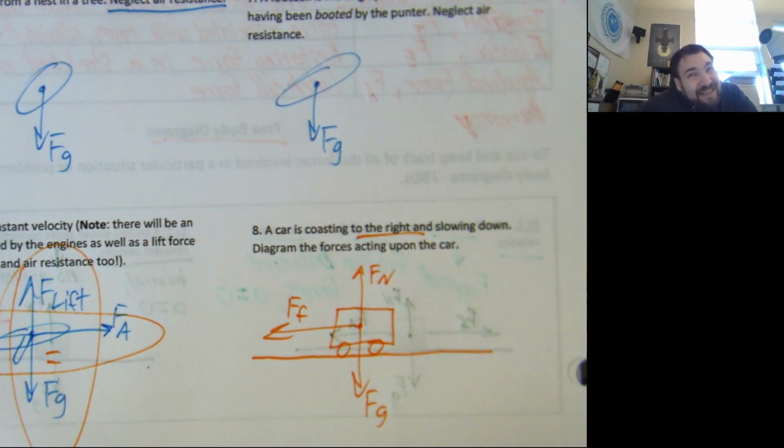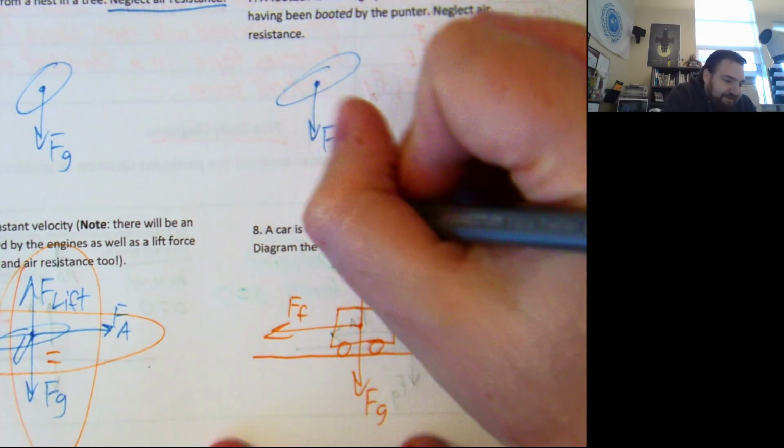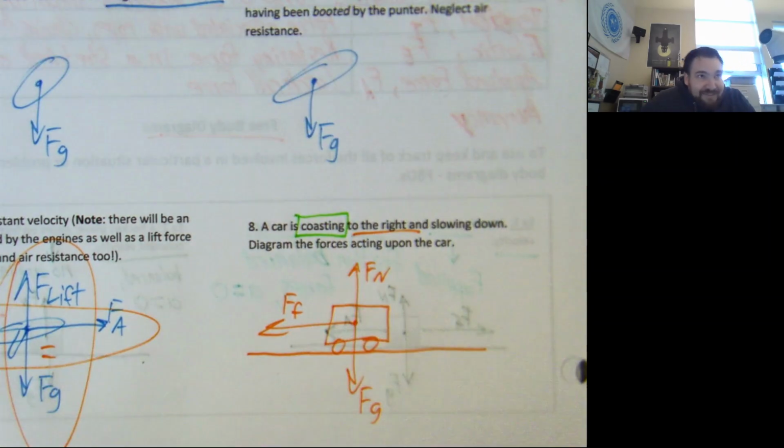There is a word in there that suggests that there is no applied force. Coasting. Or, if you're driving a standard, you push the clutch in, you put the car in neutral. Have you ever driven a car?